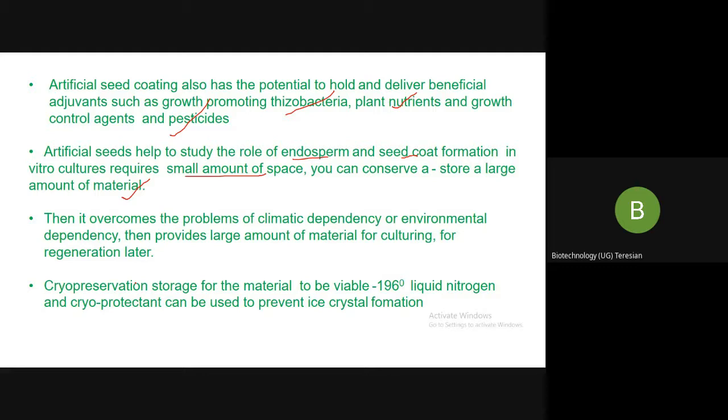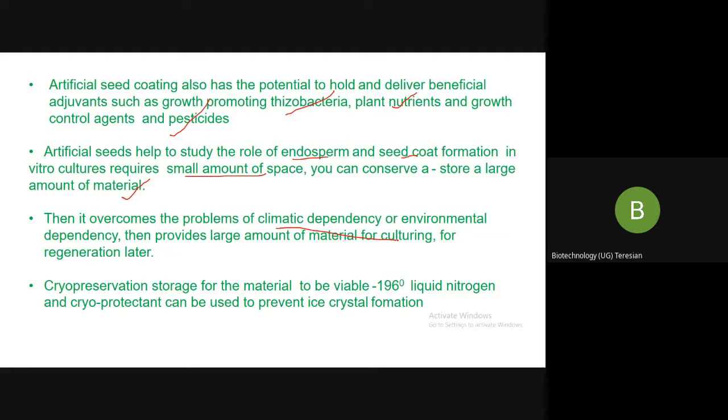There are so many government laboratories, or even private laboratories, wherein they grow them and see to it that they are not harmed. But unfortunately, they have to face such type of climatic dependency or environmental dependency. So in order to avoid all this, you can keep it in the gene bank itself.